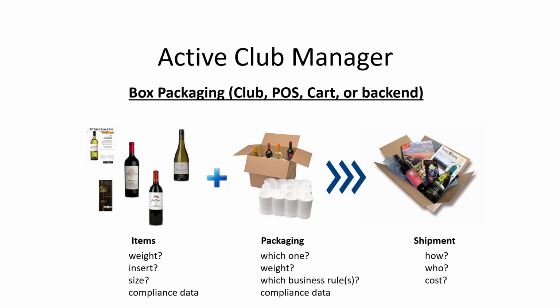And it doesn't matter whether it's a sales order being created on the POS, shopping cart, club transactions, or back-end transactions. They all go through this process. And the items are put into a package that creates a shipment.